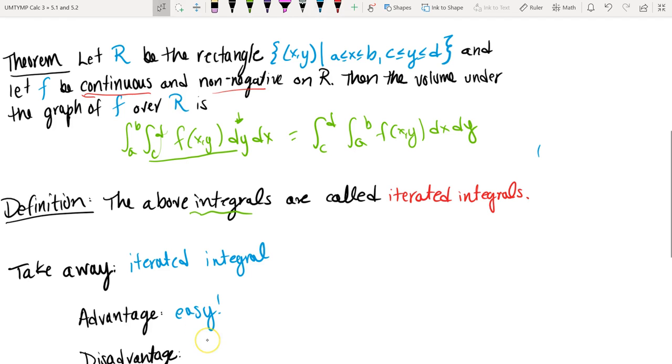But the disadvantage is that we need continuous, we need non-negative, and you need rectangular regions. In general, you might not always have these three things. So what do you do in those cases? We'll talk about some of these, but we'll not be able to address all of them yet. Just know that we will hopefully be able to address them by the end of the semester.